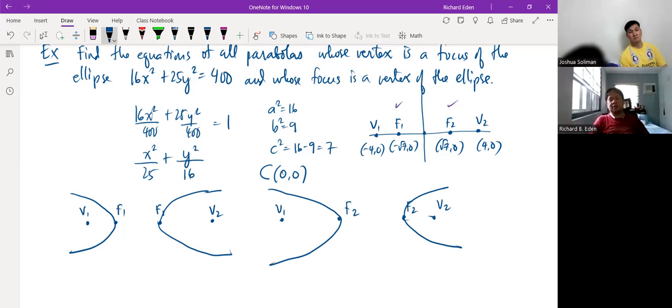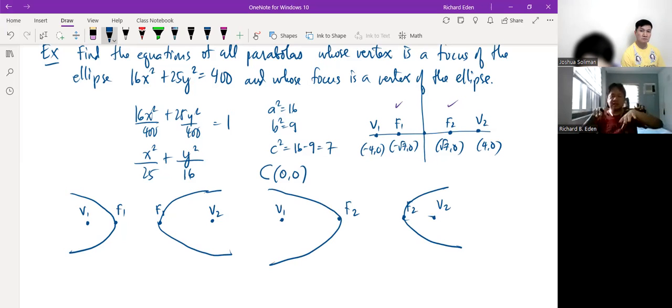All right. But because the foci and vertices are horizontally aligned, our parabolas are all going to be opening to the left or right, as you can see. And because they're opening to the left or right, it's the y part that's going to be squared.